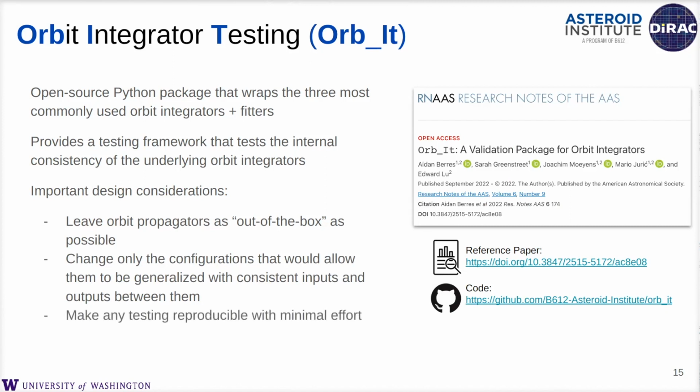And finally, and this is very important for development, we wanted to make sure that any testing we do could be reproduced with minimal effort. I have to give a huge shout out to Aidan here. He did phenomenal work in getting this working, because basically, as we're running our end-to-end test, all of the intermediate products produced by these integrators are saved into a directory.